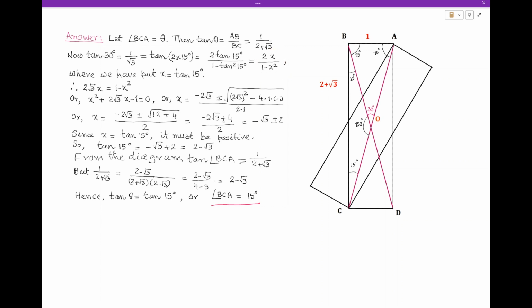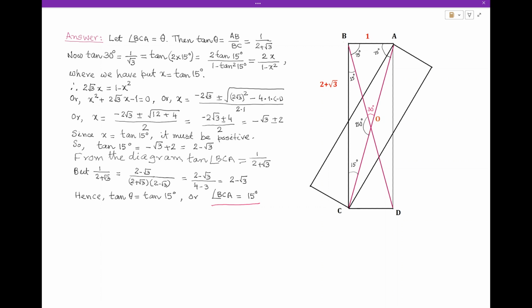By cross multiplication, we get 2 square root of 3 x is equal to 1 minus x squared. Now bringing everything over to the left hand side and rearranging terms, we get x square plus 2 square root of 3 x minus 1 is equal to 0.